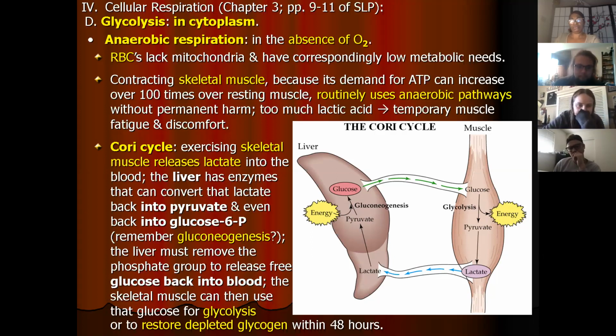Because you're only getting 2 ATP per glucose, what your body wants to do is recycle glucose. So here's the muscle doing anaerobic respiration, getting the 2 ATP. The one step that's happening in the muscle cell is going from pyruvate to lactic acid. That's why you feel the burn.